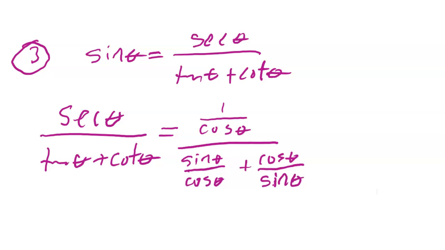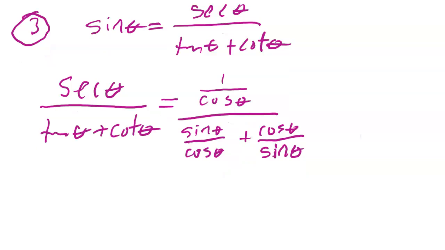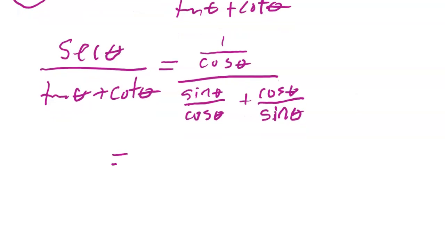If I multiply the top and the bottom, I don't know if I'm going to do common denominator or fractions. You know what? I'm going to do common denominator, so I'm going to simplify the bottom fraction. I was going to do something else a little trickier, but I decided to go with this one. It might be simpler.